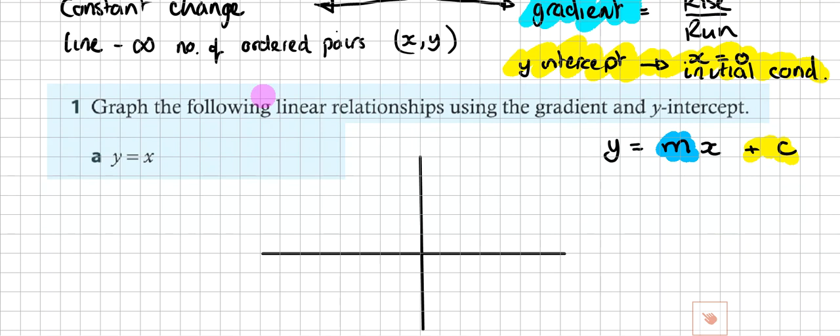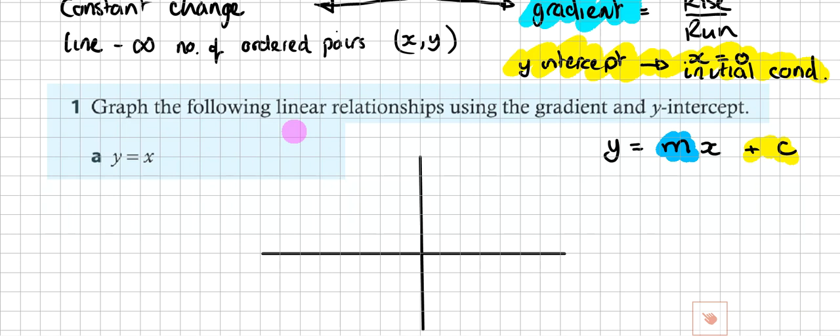So let me ask you this. David actually already told us what y equals x means with the relationship between x and y. They're the same. If x is 1, y must be 1. If x is 3, y must be 3.